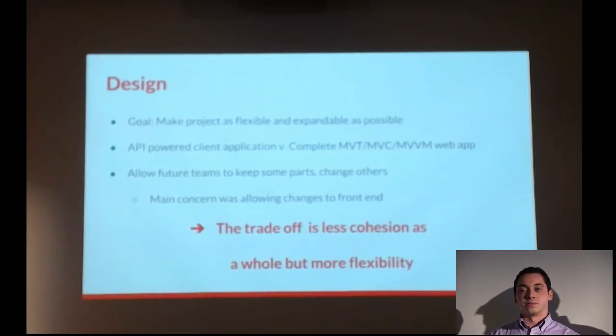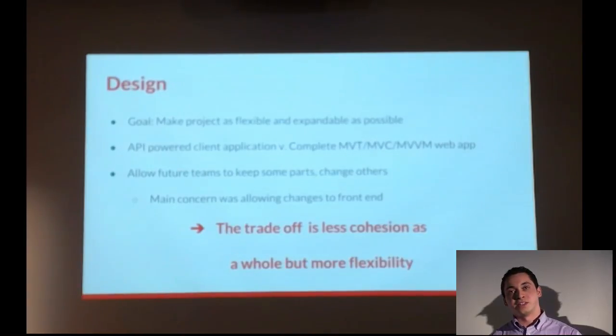We know there's a fairly grand vision for this project, and we wanted to give teams freedom to experiment and meet future requirements that come after us. So to meet this goal, we created an API-powered client application versus a complete MVC, MV, whatever pattern you see in web application development today.